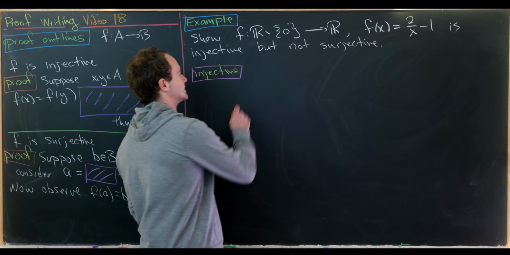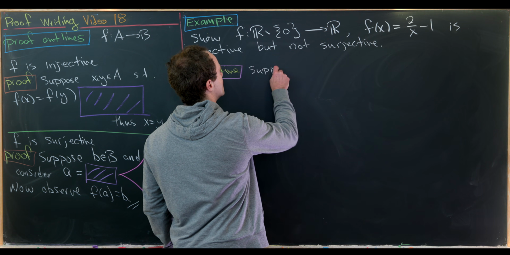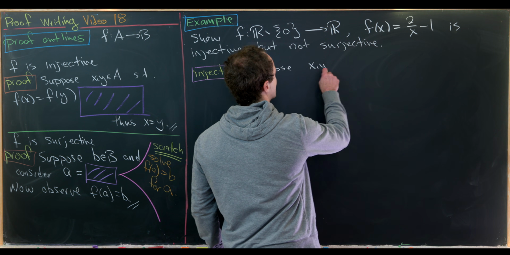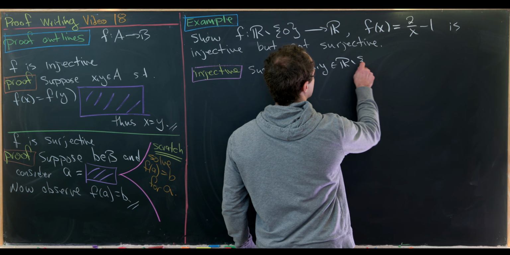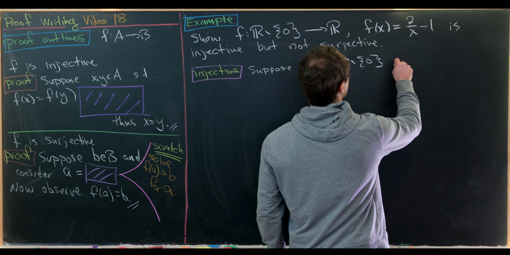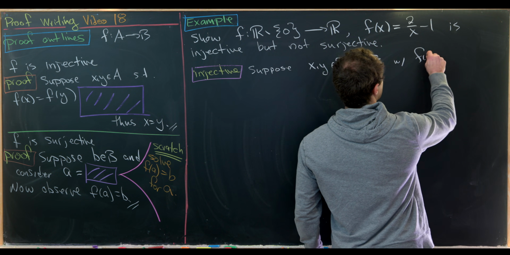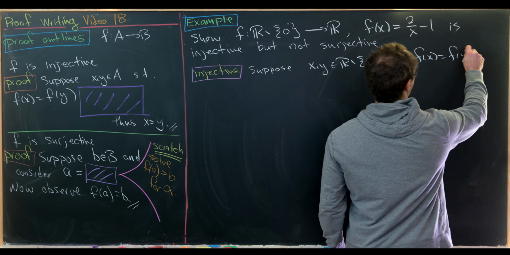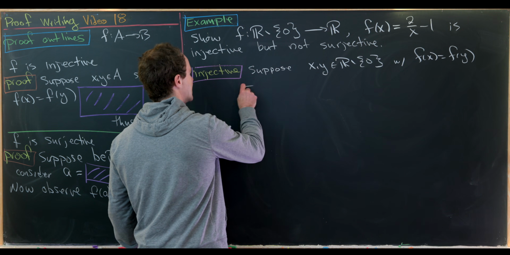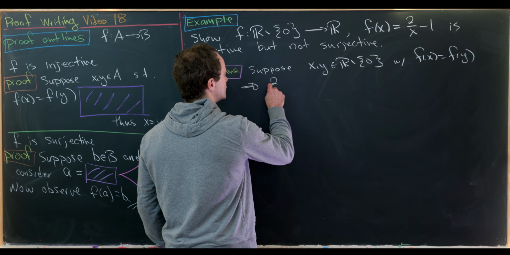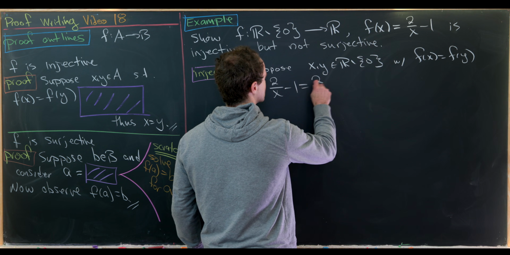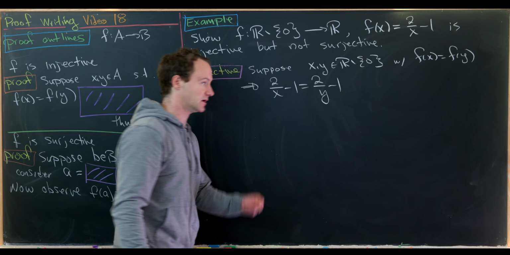Okay, so injective. So let's suppose that x and y are in the set of real numbers minus 0, where f of x equals f of y. And now let's unpack that and see that that means that 2 over x minus 1 equals 2 over y minus 1.